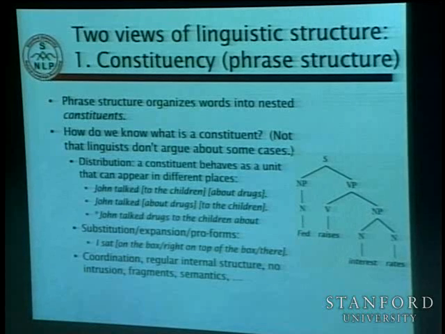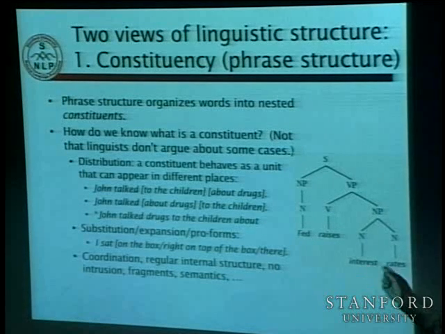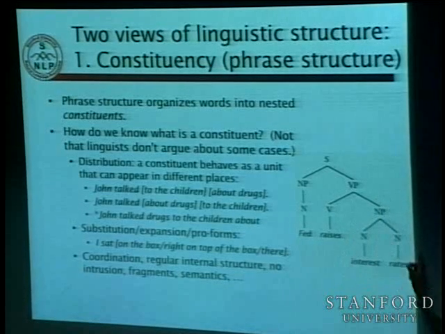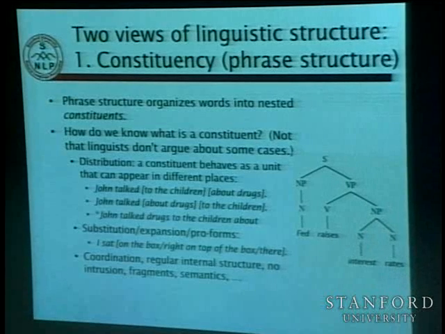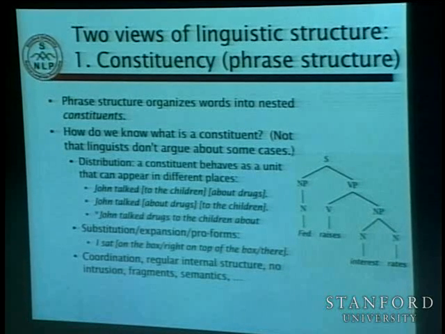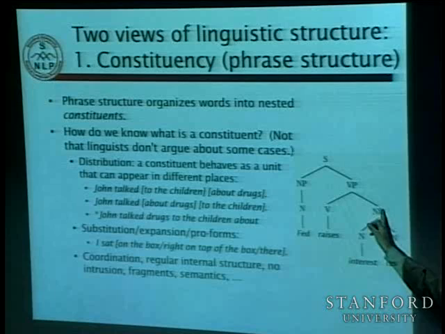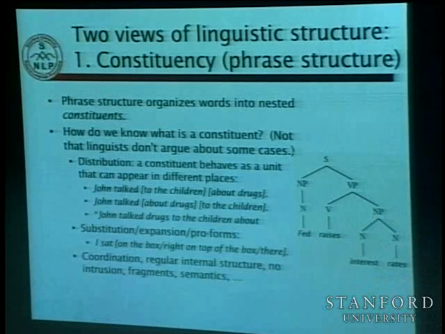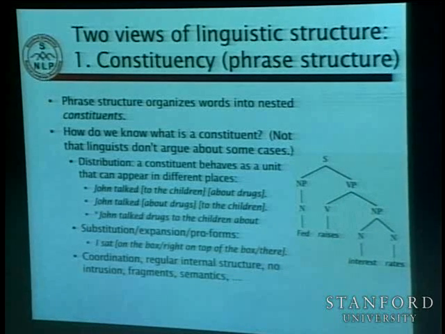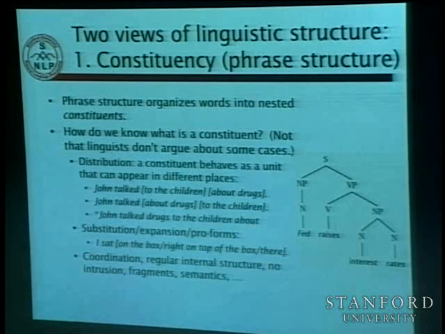Okay, so there are two claims here. The first one is that this acts as a unit. But the second claim is that we can have types of these units. So the claim is this is a noun phrase, and that means that there's a class of constituents that behave the same, meaning that they can appear in the same kinds of positions.